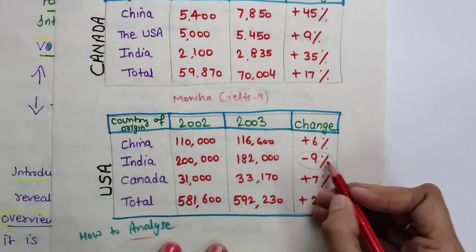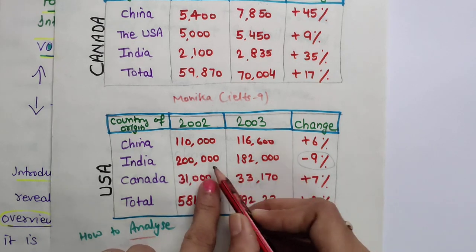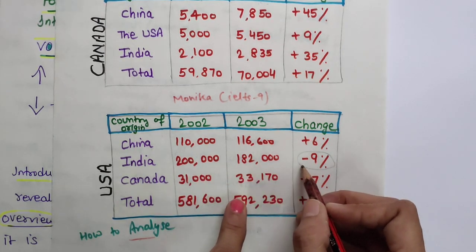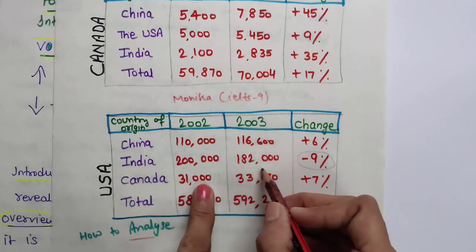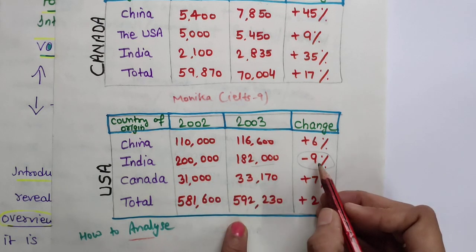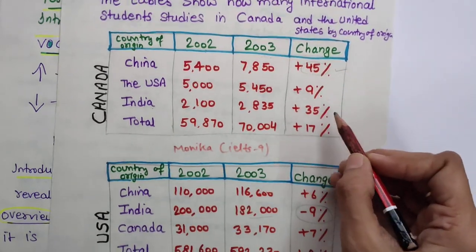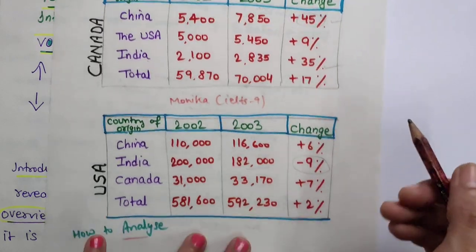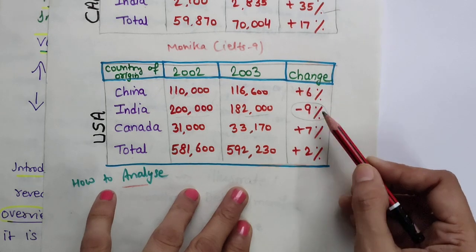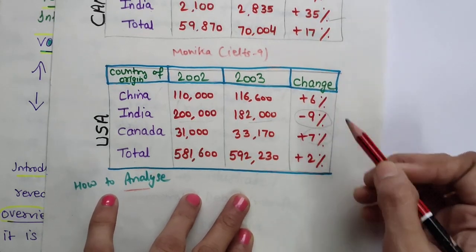I can see one change over here: the number of Indian students decreased from 2 lakhs to 1,82,000. You can just read it as a million also, using the international numbering system. Here I can see 45% is the highest, then the second one is 35%, and here you can see minus, then 7% increment by Canadian students, and 6% and 2%.